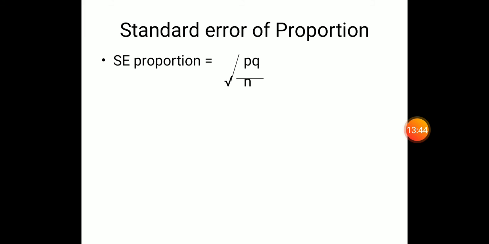So why is this standard error so important to you? When we do any research or any sampling technique, as we mentioned in that class, we want to generalize the result of that sample to that of the population. When we generalize the result from sample to population, we need the help of statistics. We need to test whether this generalization can happen or not.